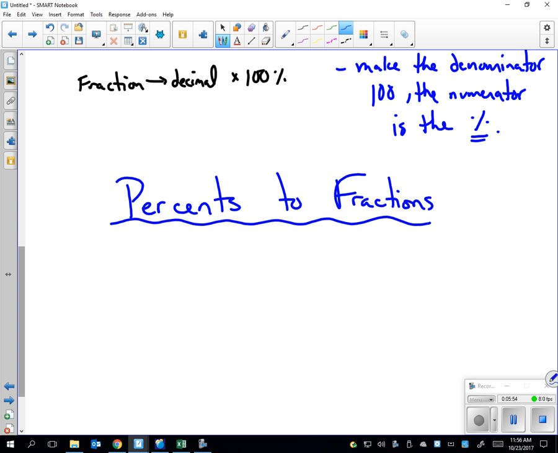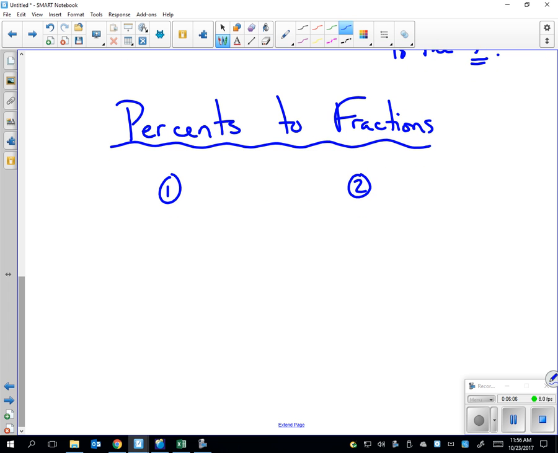Going from a percent to a fraction, there's, again, two ways of doing that. I'll put 1 and I'll put 2. There's a long, painful process, and then there's a short, quick, little, easy way of doing it, which also creates a little bit more complication. Which one are you going to give me, the long process or the quick, short, easy one?